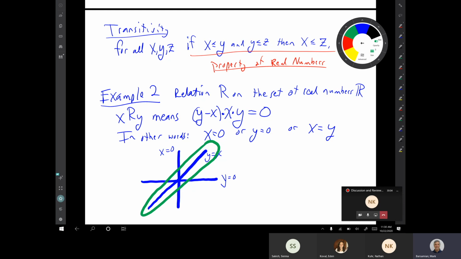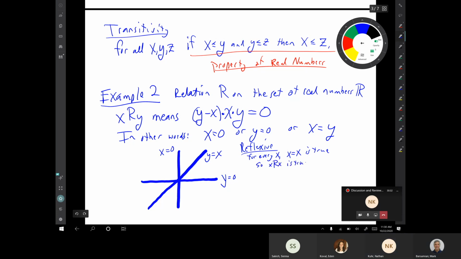So every point on that diagonal is part of the graph, and so what Sienna was saying was that for every x, x equals x is true. That's in terms of the equations. In terms of the graph, the graph contains every point of the form x comma x. That's the whole main diagonal.